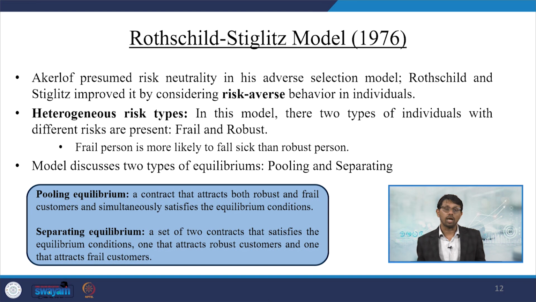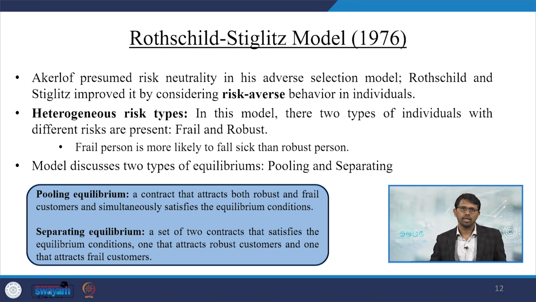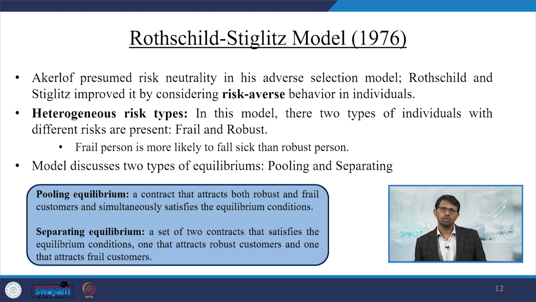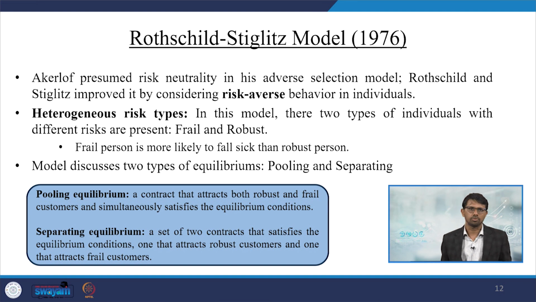The model discusses two types of equilibrium, either pooling based or separating based. Pooling, as I told you, is a contract that attracts both robust and frail customers and simultaneously satisfies the equilibrium conditions, whereas in a separating equilibrium, a set of two contracts satisfies the equilibrium conditions, one that attracts robust customers and another that attracts the frail customers.